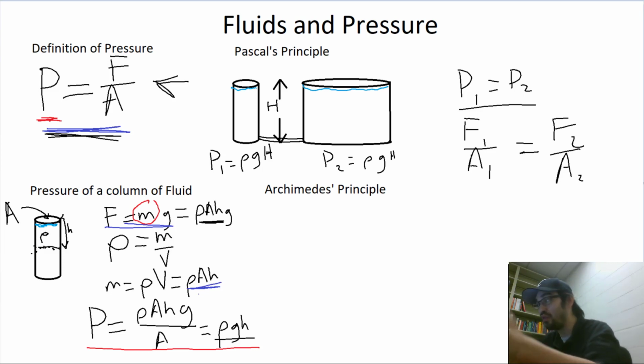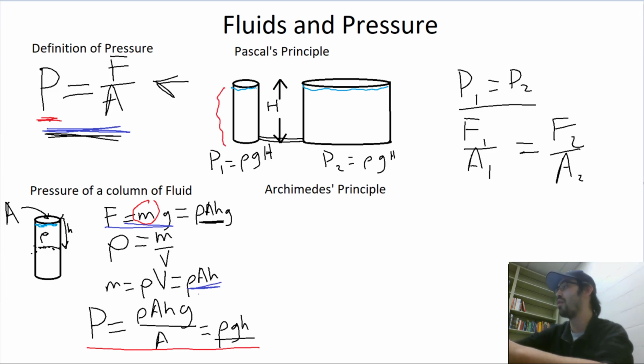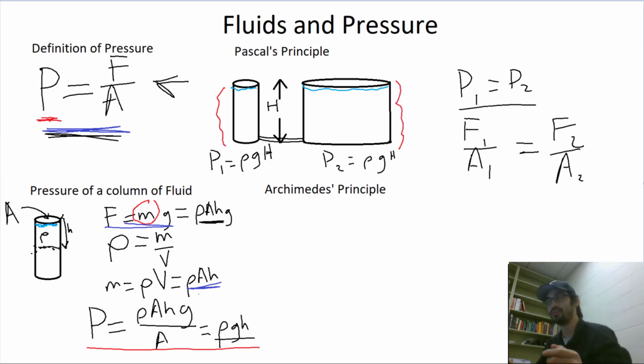But obviously the forces aren't going to be the same because this is not a lot of water compared to this. This leads us to all sorts of interesting applications like a jack. So how can you lift your car? Well, you use a jack, and the jack has a setup that's very similar to this, so that the small amount of fluid that you have in the lever arm that you're trying to push down on to lift your car is going to offset the weight of your car.